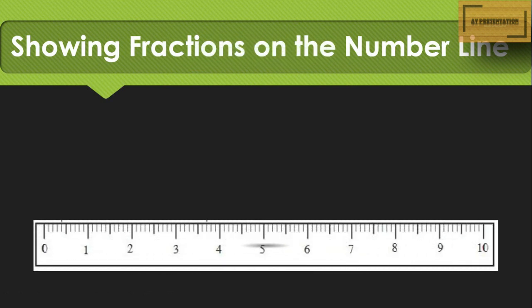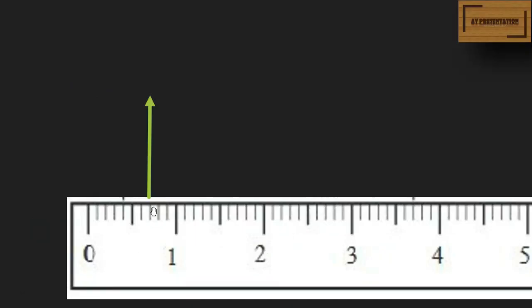Now the next point is showing fractions on the number line. That is a number line from 0 to 10. So student, look at the marks. Firstly count the marks from 0 to 1. That is 1, 2, 3, 4, 5, 6, 7, 8, 9, 10. The marks from 0 to 1 are 10.